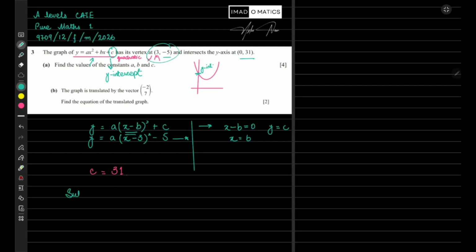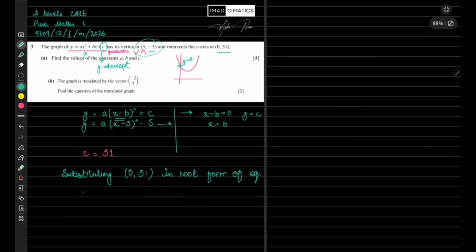So substituting point (0, 31) in the root form of the equation. Sorry, I substituted in the original form; we need the root form.